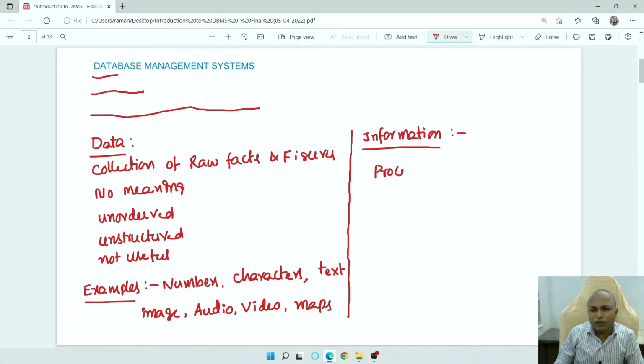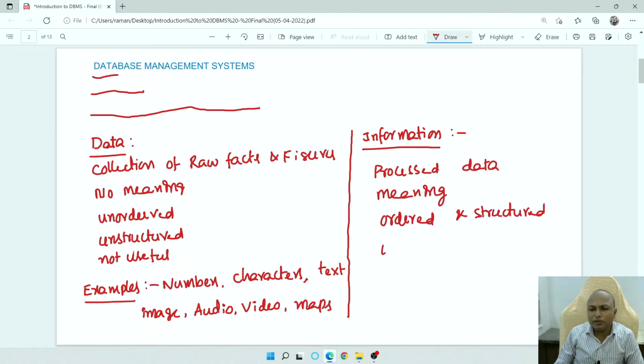Let us consider information. The processed data is called as information. This information has some meaning. No doubt it is structured and ordered. This information is very useful. If you take value 100, there is no meaning.